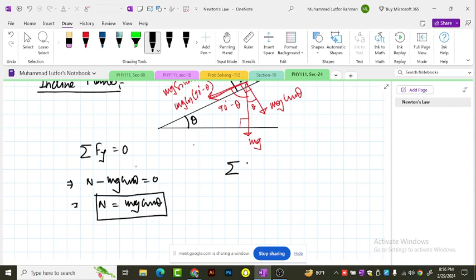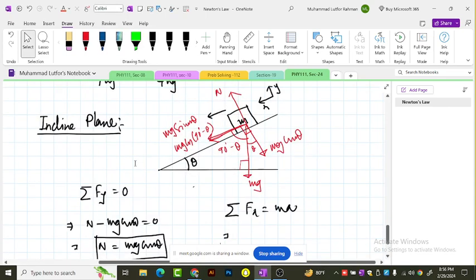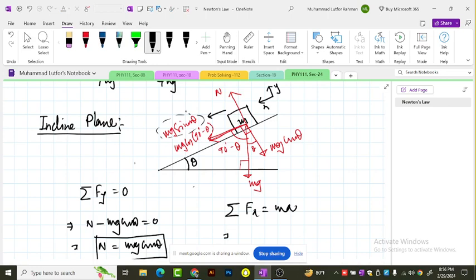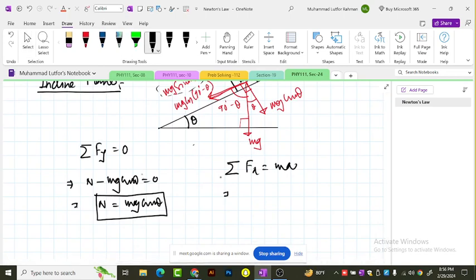Now what about along the x direction? I can see from this free body diagram I have only one force, which is mg sin theta along the x direction. Then I am going to write mg sin theta must be equal to ma, or this m will be cancelled out.